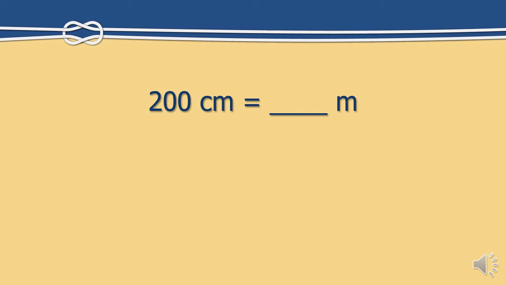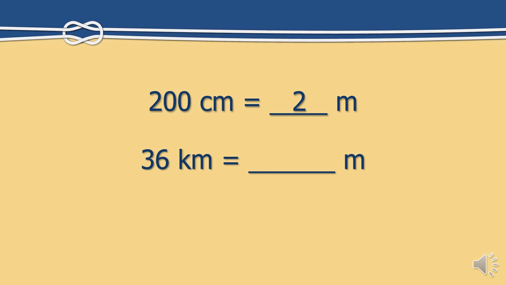Now let's do some conversions. 200 centimeters is how many meters? Do you have your little paper there that you wrote down the conversions at the beginning of this video? You remember that there are 100 centimeters in every meter, so 200 centimeters would be the same as 2 meters. 36 kilometers.